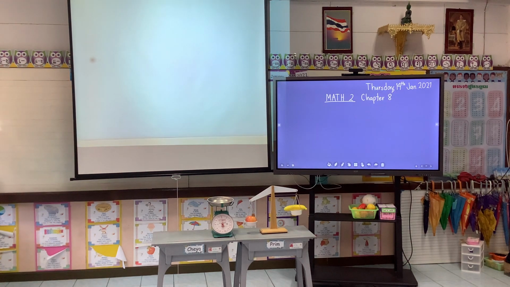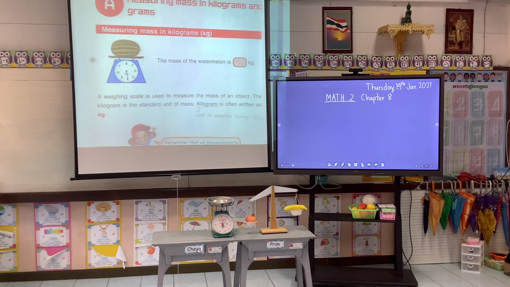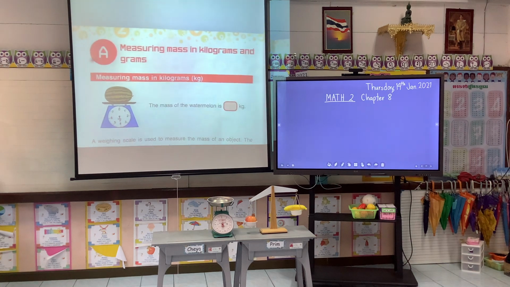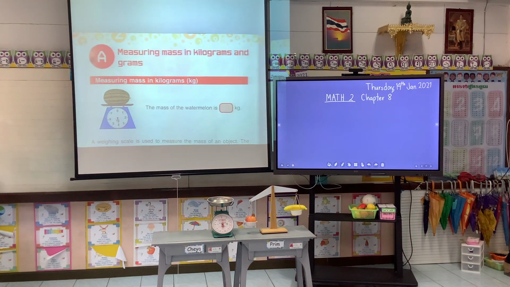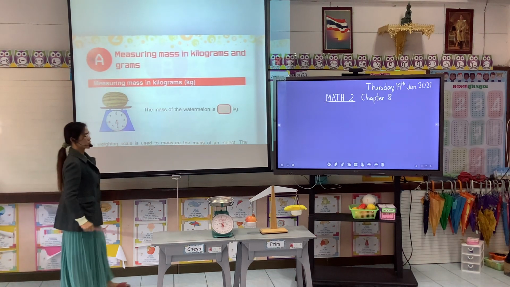So let's go back to our textbook. Please open up your textbook on page 140, letter A. Measuring mass in kilograms and grams.